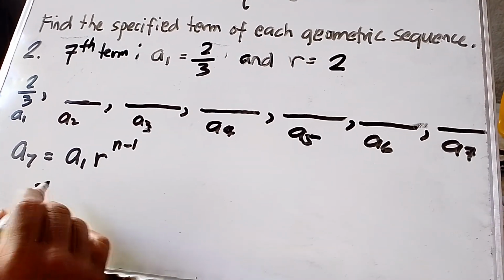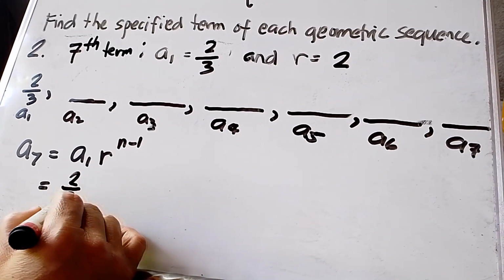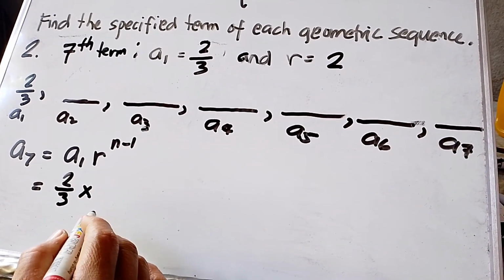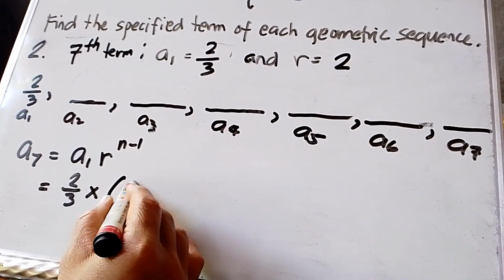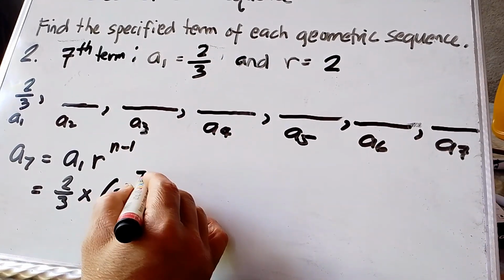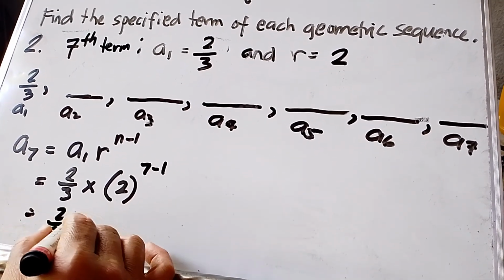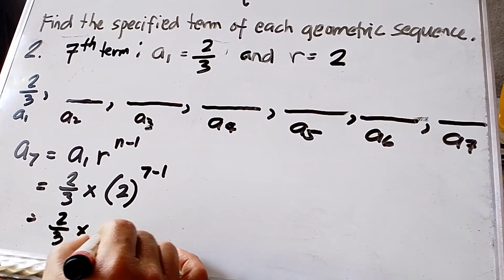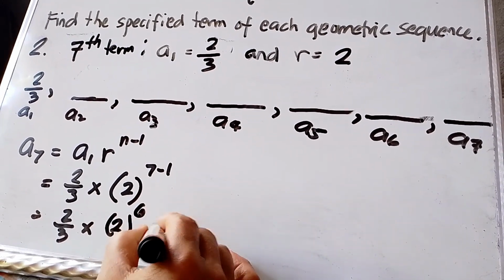So a1, which is 2 over 3, times r. R is equal to 2. Then n is 7. So this will be 7 minus 1. So this will be 2 over 3 times 2 to the power of 6, because 7 minus 1 is 6.